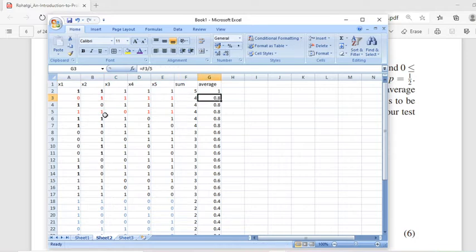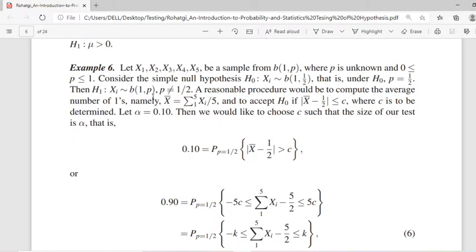So when can we say that the observations are unbiased, or when can we accept H0: p = 1/2? If the probability is 1/2, then there is an equal chance for head and tail, or success and failure.